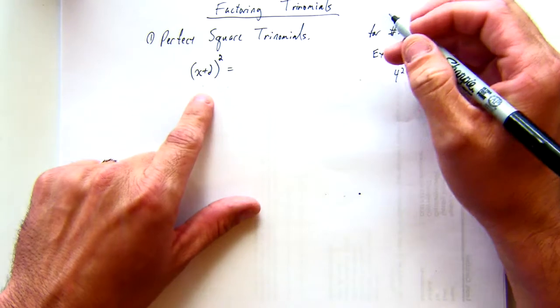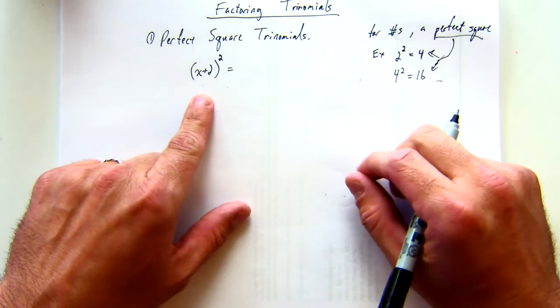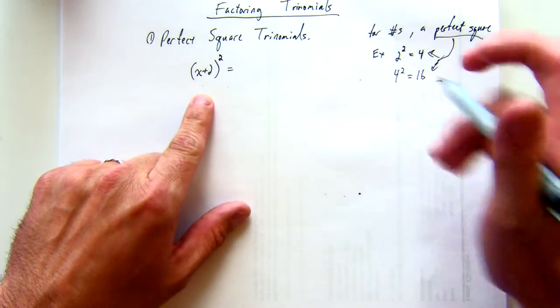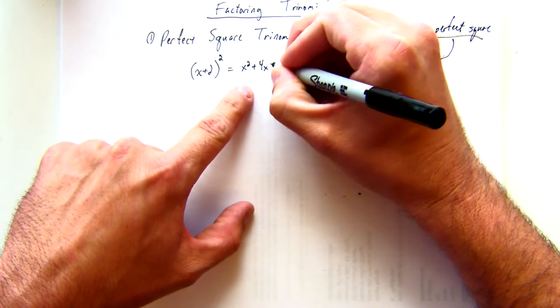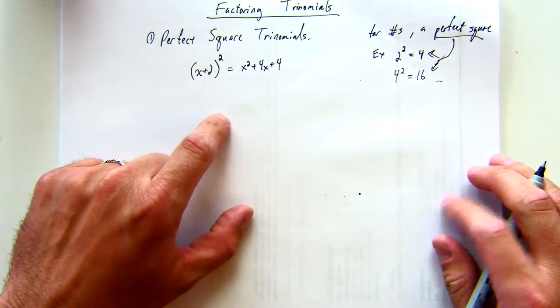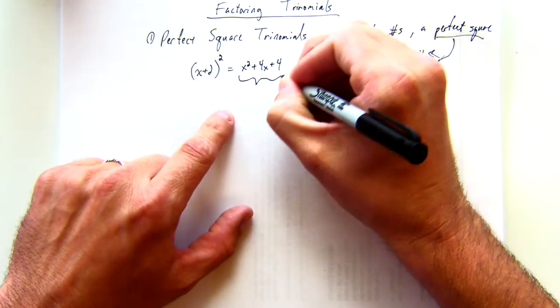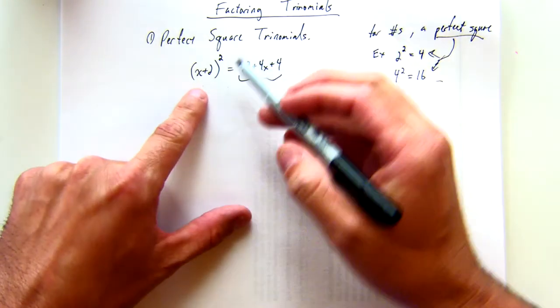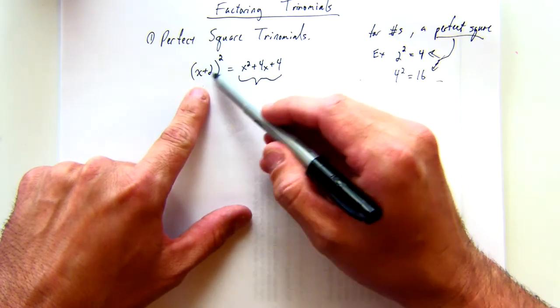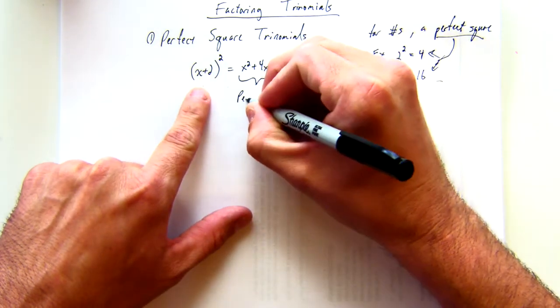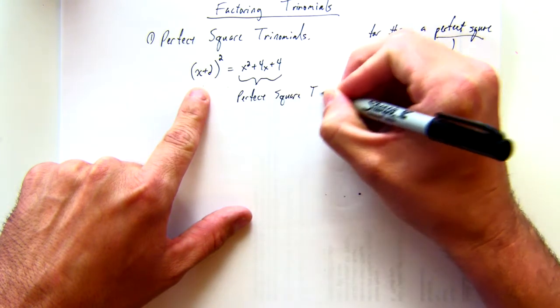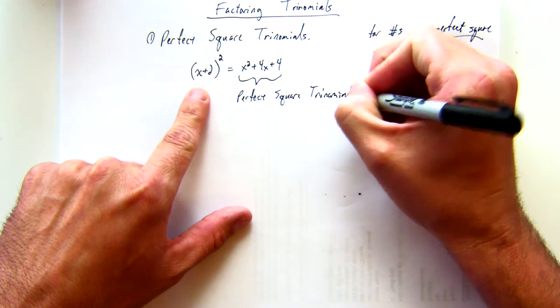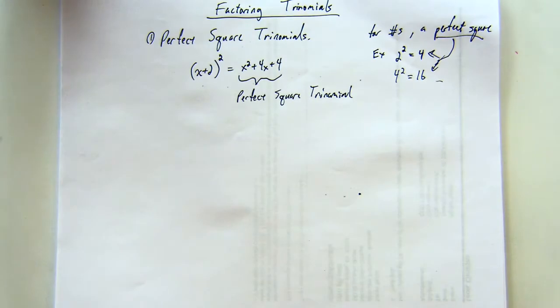Go ahead and multiply it out and tell me what you get. X squared plus 4x plus 4. So because it is a square of this binomial, this thing is called a perfect square trinomial. Okay, we want to be able to recognize things like this.